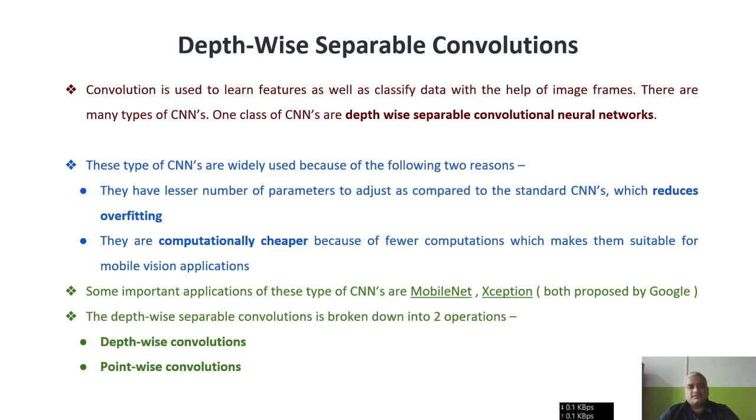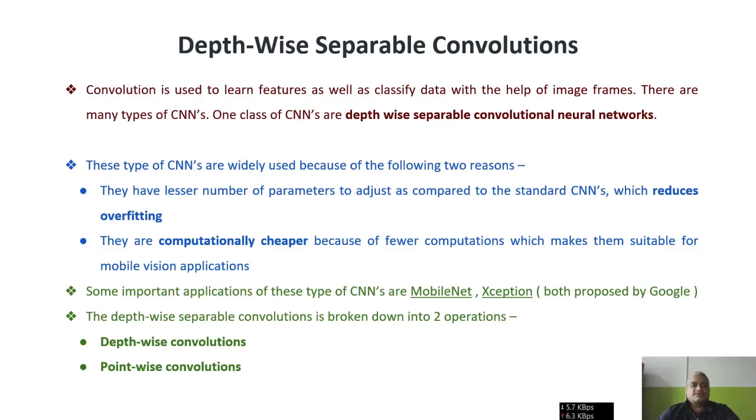This is learning features. For classification, for example, we have a data set of dogs and cats, and we have to separate which image belongs to cat and which belongs to dog. This type of work is done by CNN.